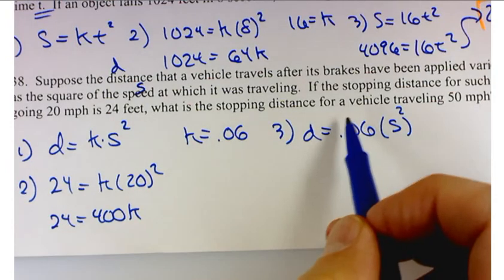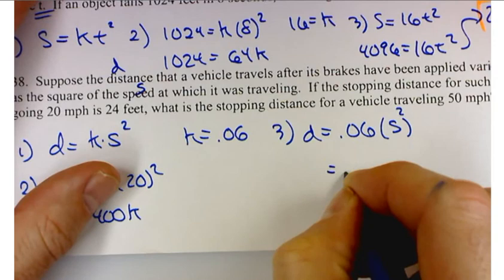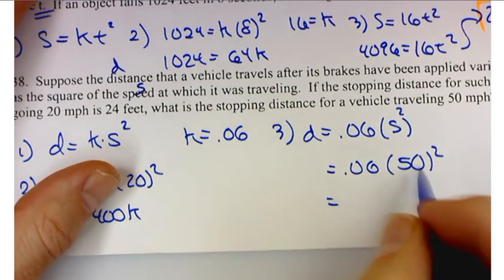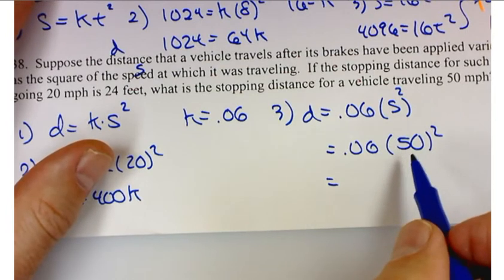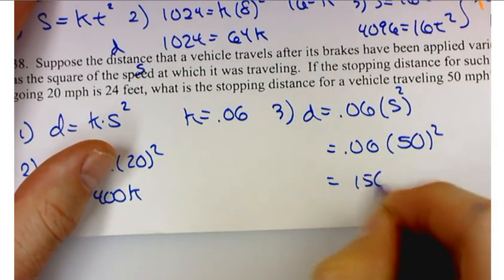What is the stopping distance for a vehicle traveling 50 miles per hour? Well, where do I put in the 50? S. So it's going to be 0.06 times 50 squared. 50 squared is 2,500 times 0.06 is going to be 150.